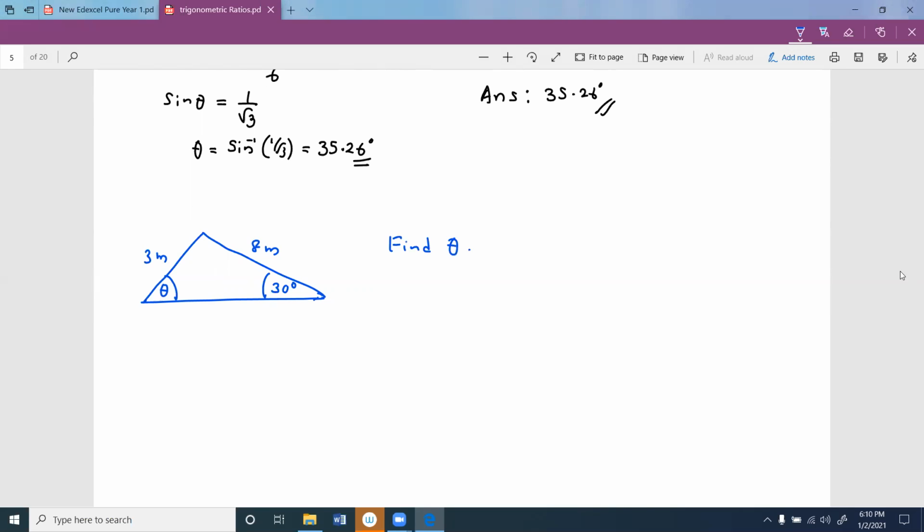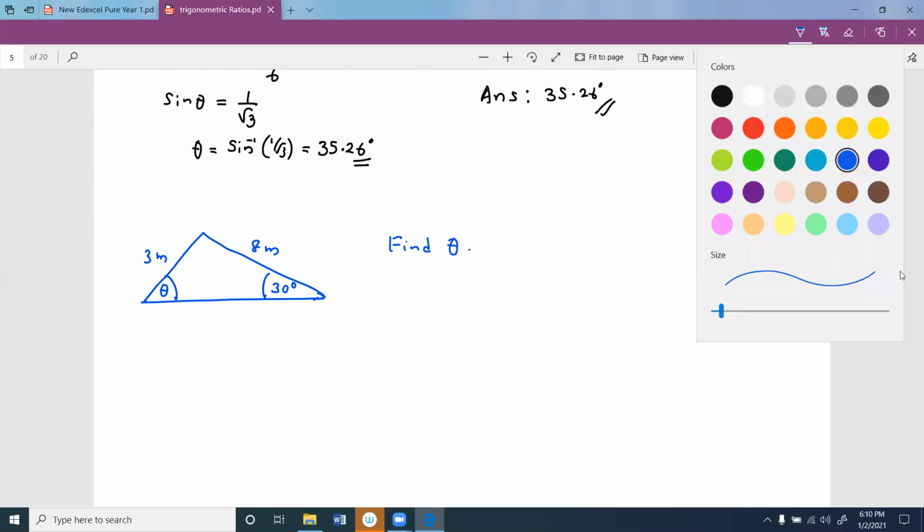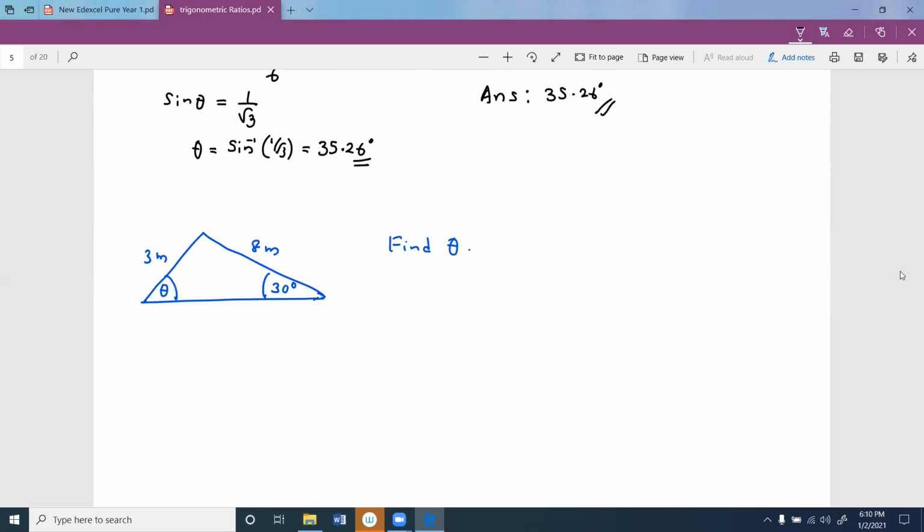So again, the same technique we use. We apply the sine rule. So you can say sine theta over 8 is equal to sine 30 over 3.